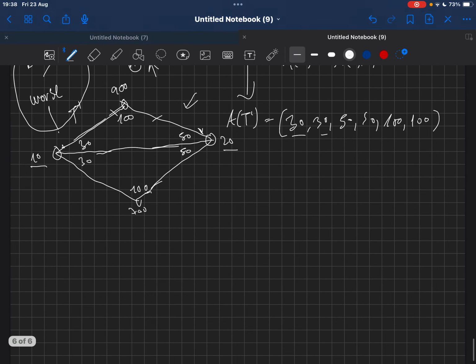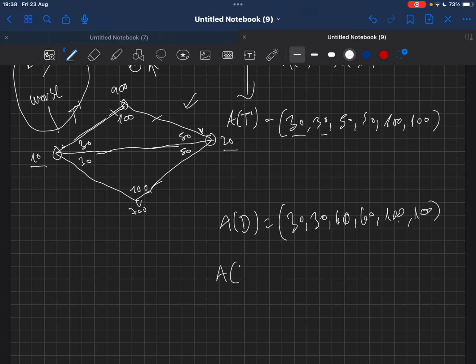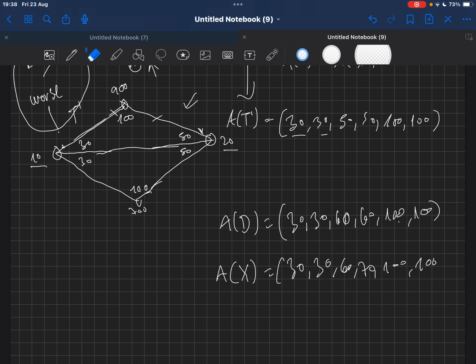Just to be clear, if I have a triangulation of d, let's say 30, 30, 60, 60, 100, 100 for example, and I have another one of x, which is again 30, 30, 60, and now maybe 70, 100, 100.